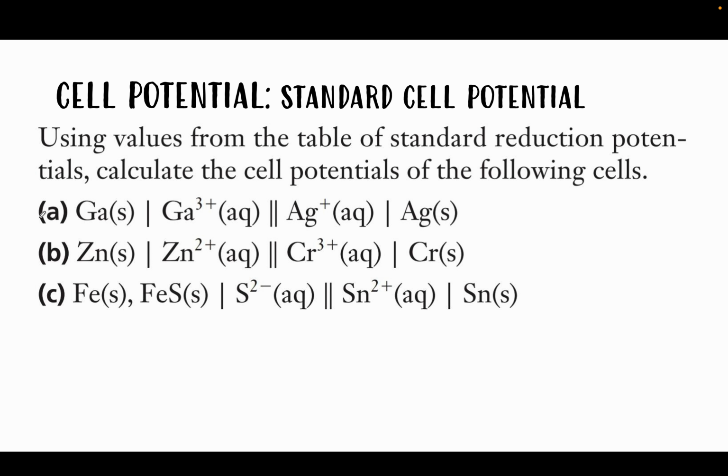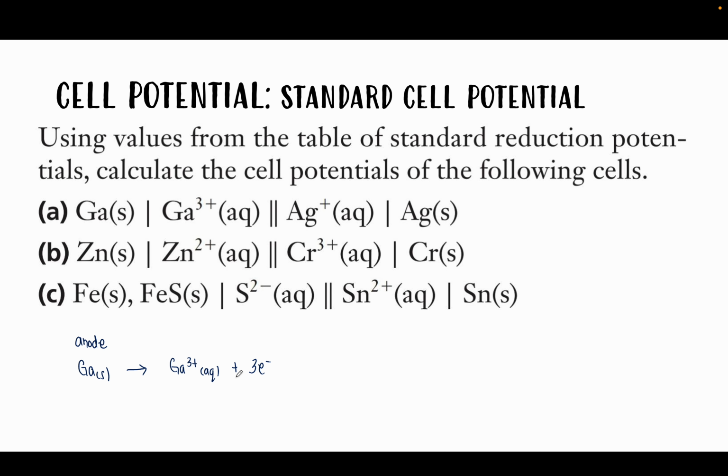So our anode, let me write it here, anode, we have gallium, and this forms gallium 3 plus. Our primary assumption is that it's at 1 molar. So let's just go over and then add 3 electrons.